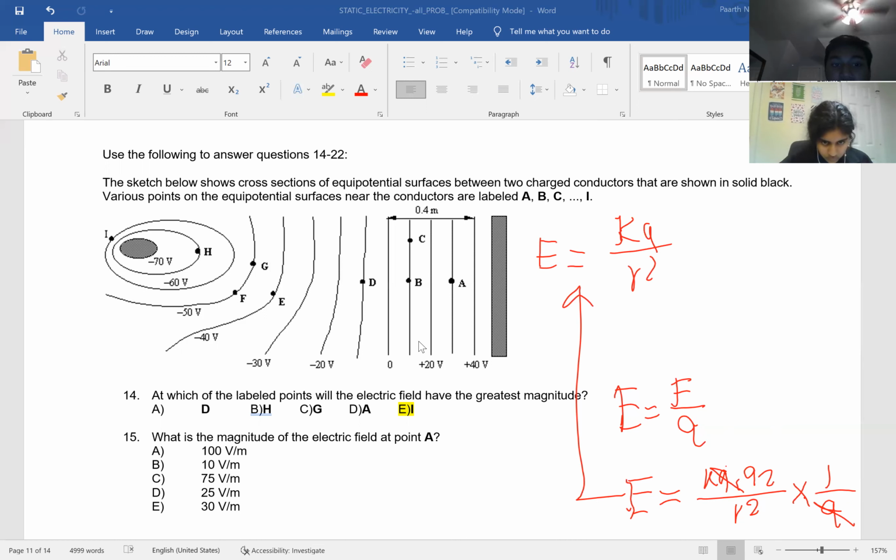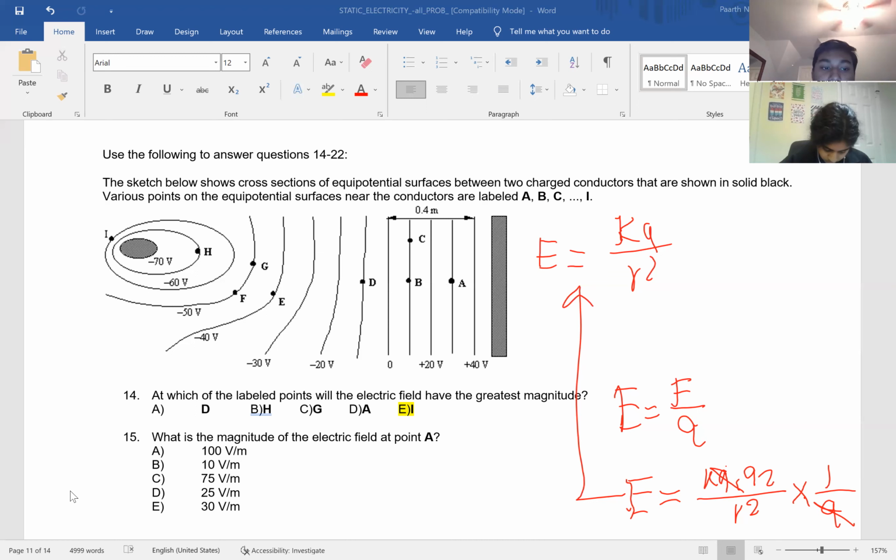So what this means is that the point with the least distance would have the greatest electric field, the greatest magnitude. And since I appears to have the least distance, that would be the answer.